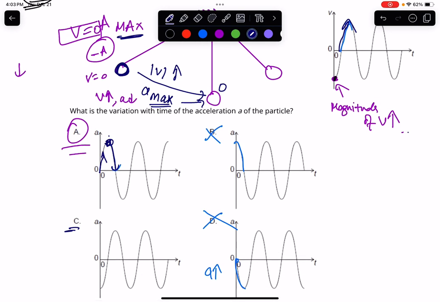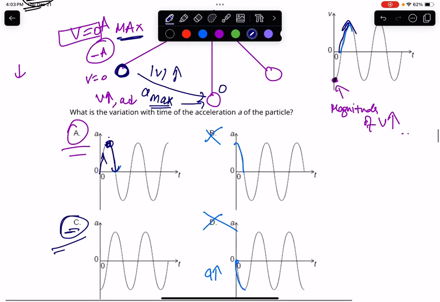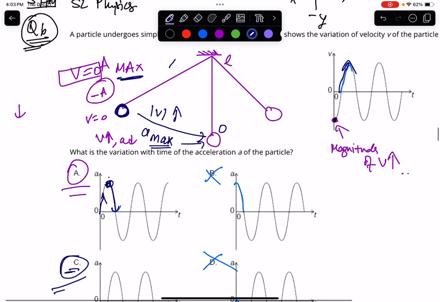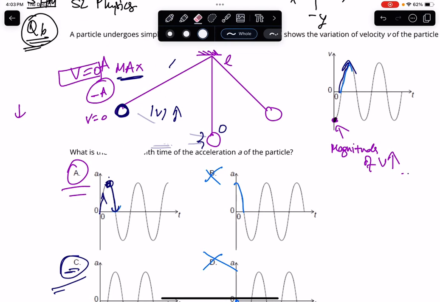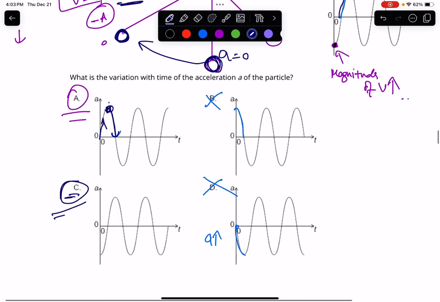Okay? Now, as we have seen, it actually cannot be C. And the reason is because, like we have seen before, the pendulum is going to start by moving to the left. So when the pendulum starts, we know that at the equilibrium position, the acceleration is always 0.